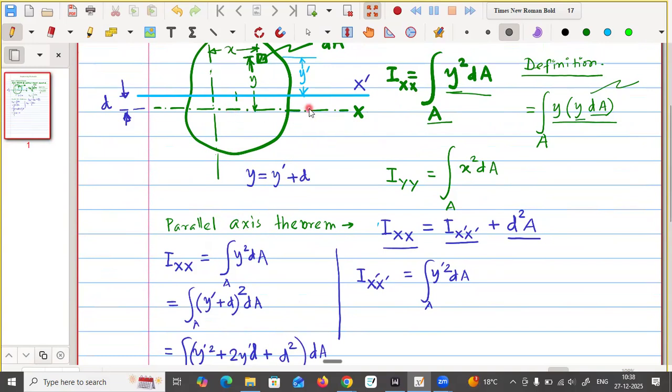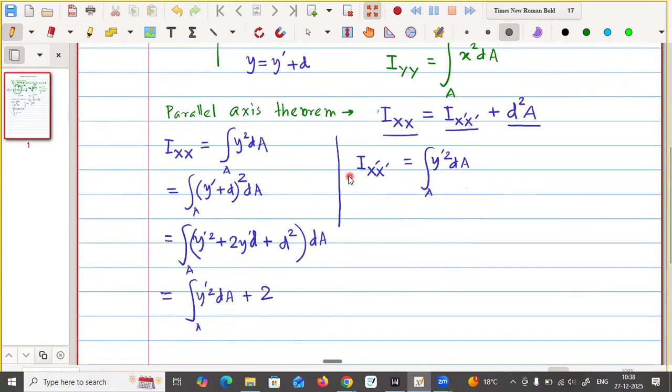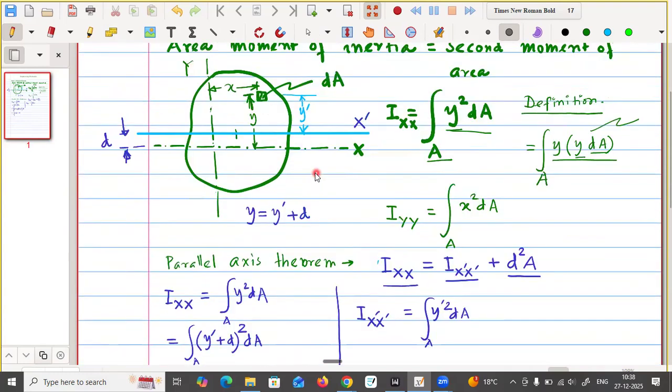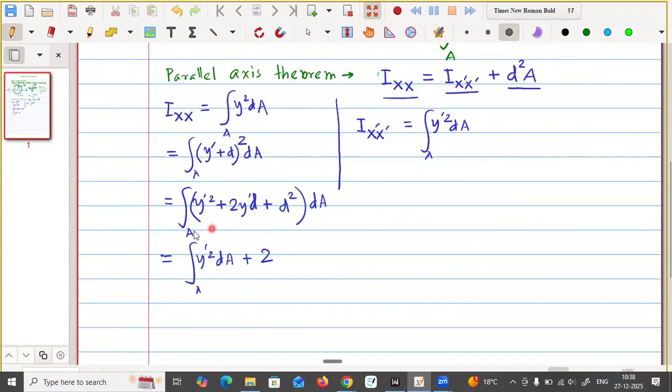Therefore, the distance is fixed because this is chosen by you. Okay, it is not varying. This is the centroidal x-axis, so that is also not varying. Therefore, the distance between these two is known. So when I change this, over the area, I am not changing. So we have to understand that.